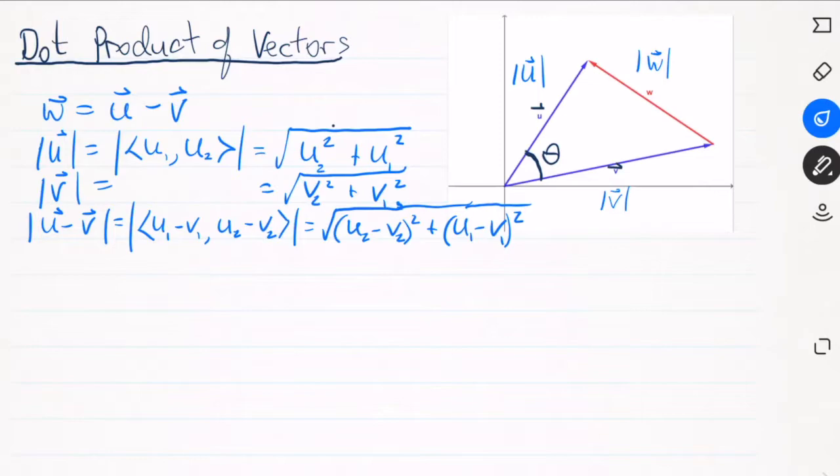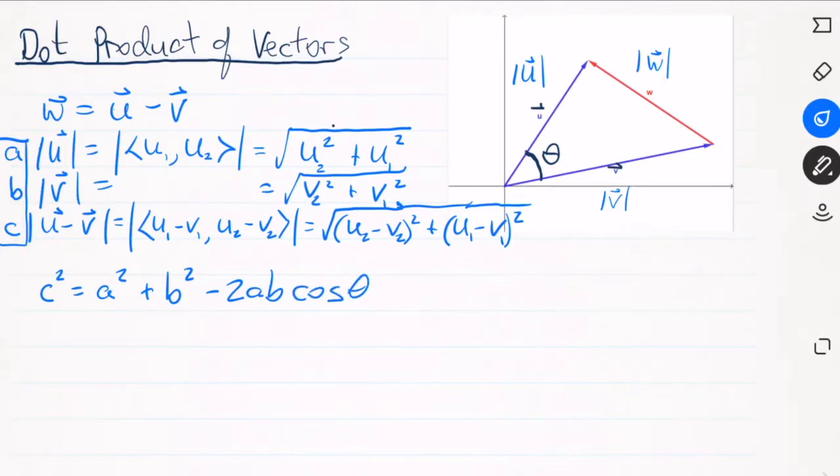Alright, so these are the three sides. So if we label this one A and label this one B and label this one C, then we could write out the law of cosines. And do some substitution.